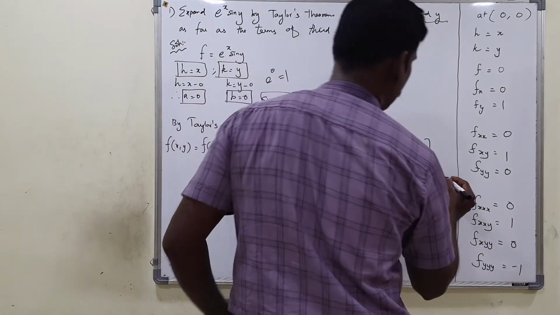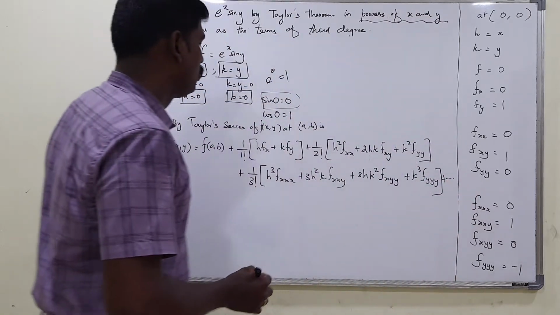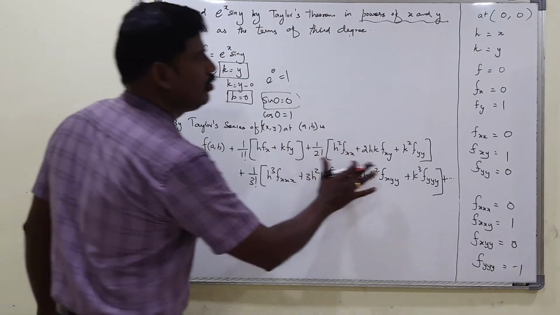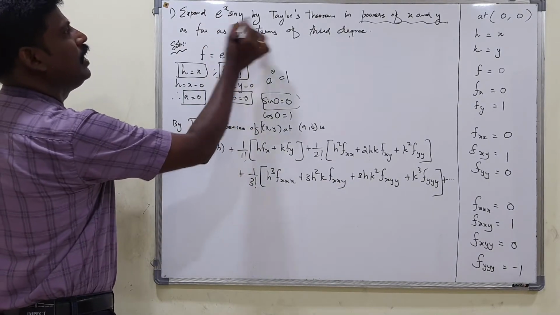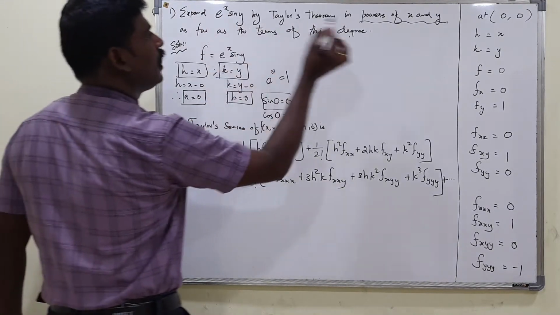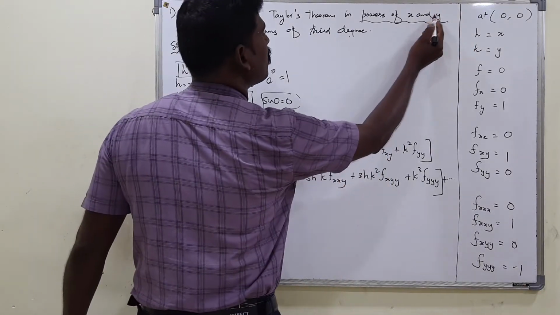So I write it here. Now I am going to substitute all these values in this series expansion. You can get the Taylor series of this function at 0, 0, that is in powers of x and y.